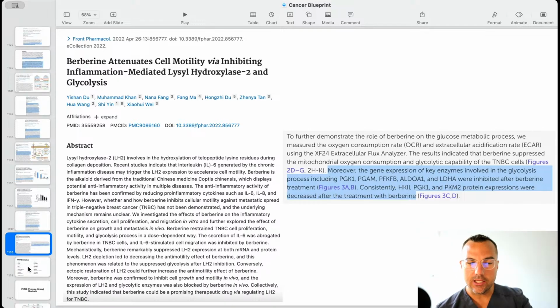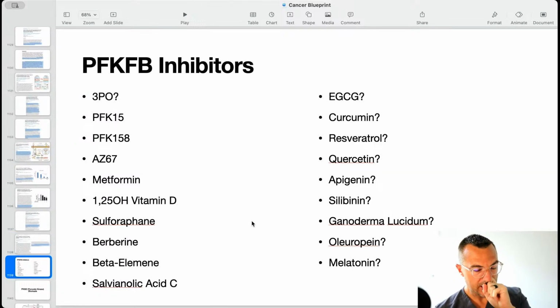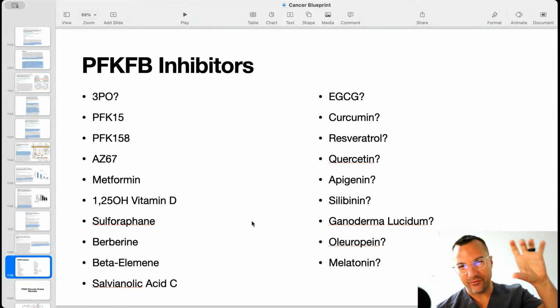And because this target is not so well known, it just doesn't have the robust number of inhibitors that I had found for other key glycolytic enzymes within the actual process of glycolysis, such as hexokinase, such as the glucose transporter, such as PFK. But I still was able to find quite a bit.